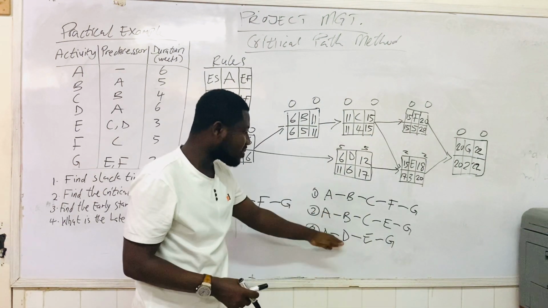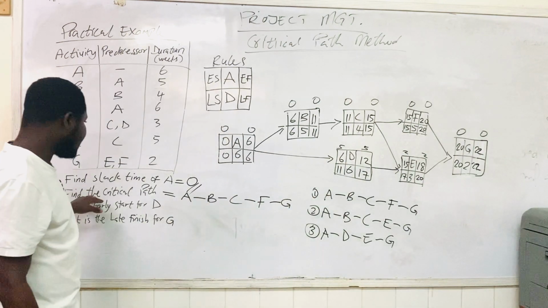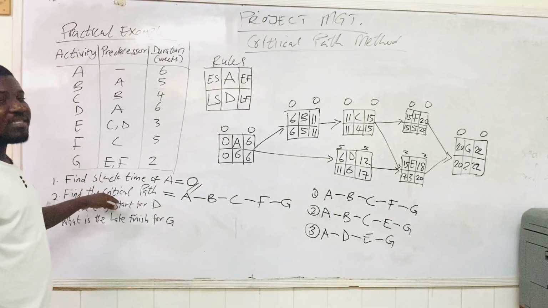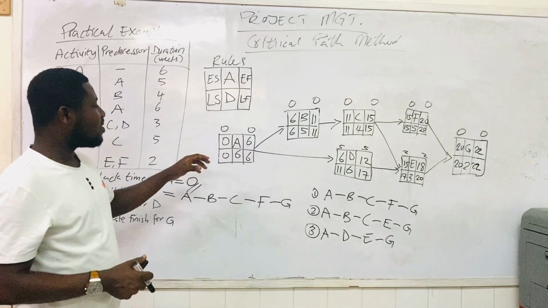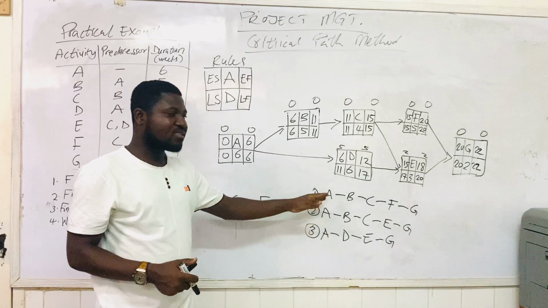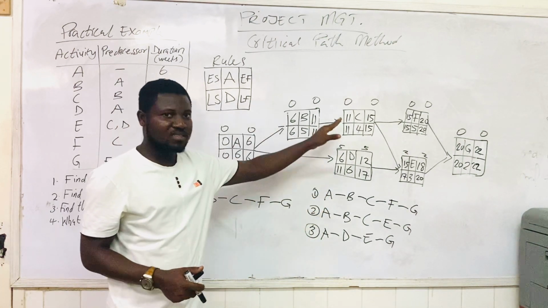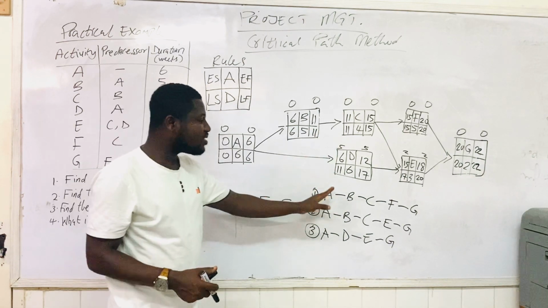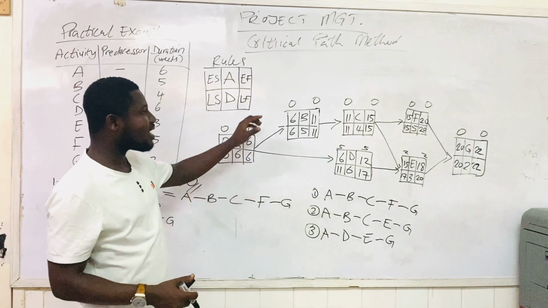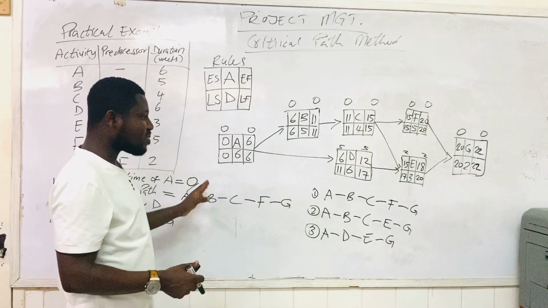So these are the various paths of our project, and the question is asking what the critical path is. For these 3 paths, the one where each of the activities has 0 slack becomes the critical path.